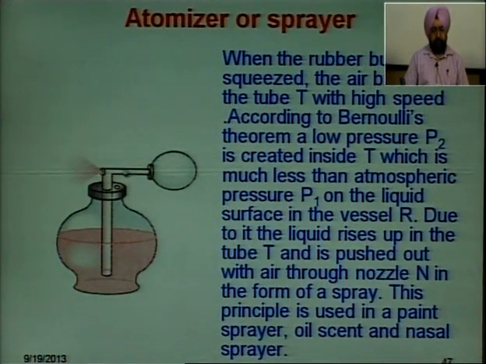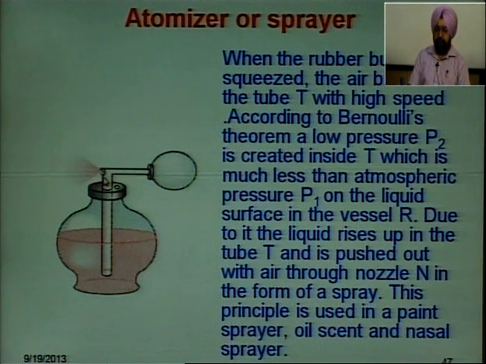In the atomizer that you use for scent and so on, there is a spray pump, with a rubber bulb on one side. When the rubber bulb is squeezed, the air blows in the tube T. The air blows here. When you squeeze it from here, the air blows from here. It blows with high speed, and according to Bernoulli's theorem, it creates a low pressure here on the top.